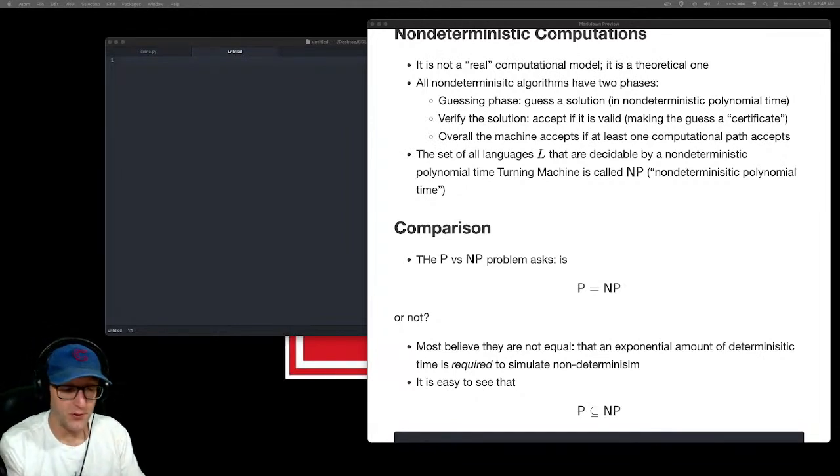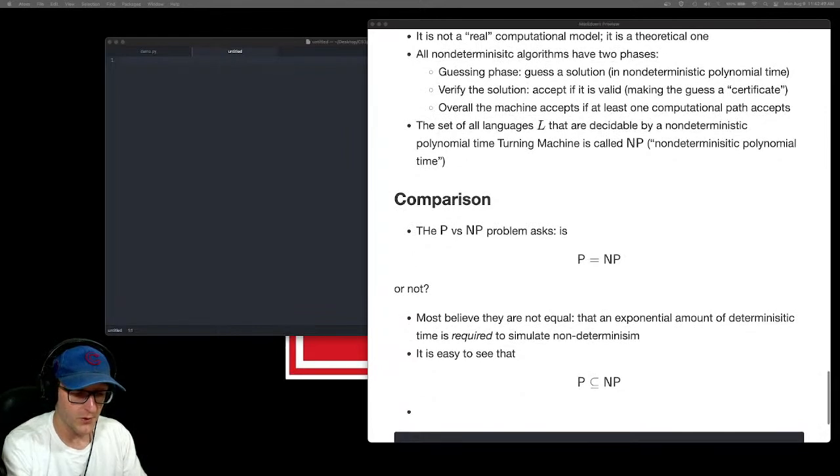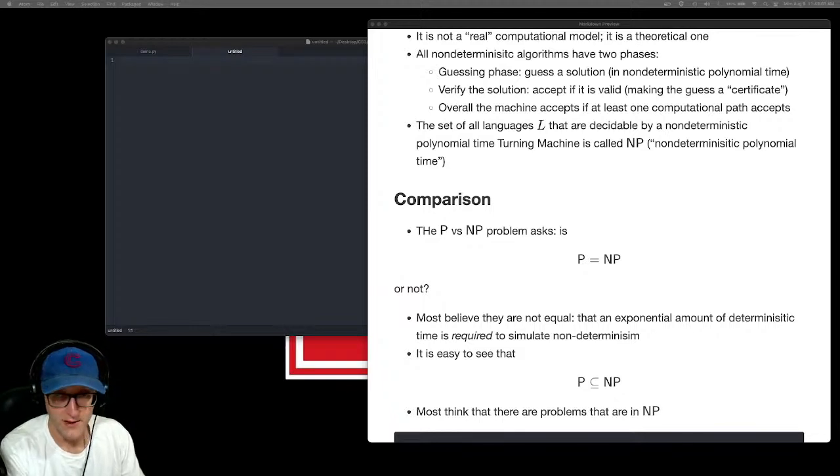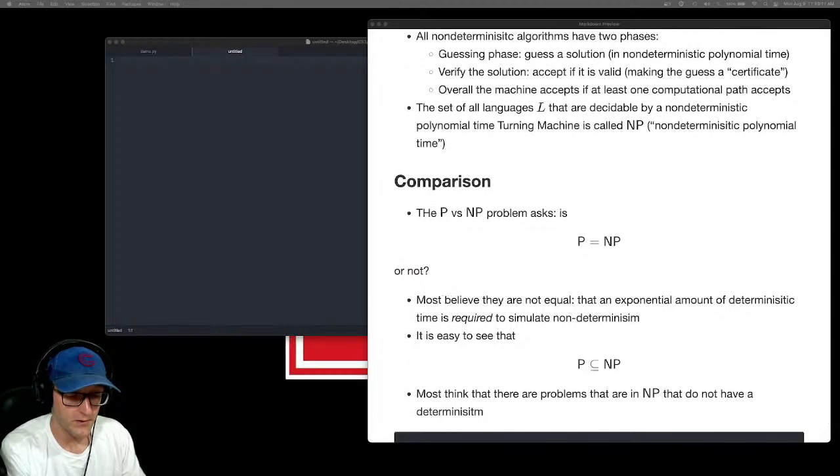Most think that there are problems, languages again, in NP that do not have a deterministic polynomial time solution, right? Or algorithm, right?